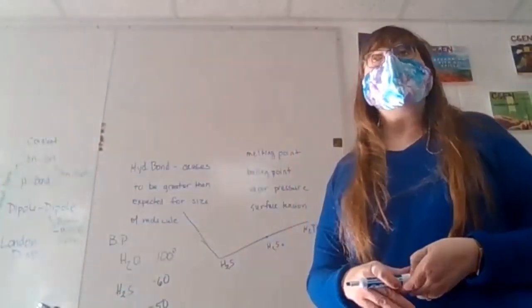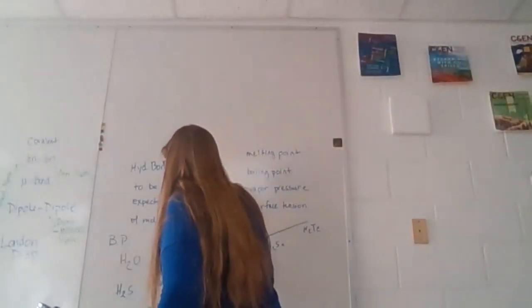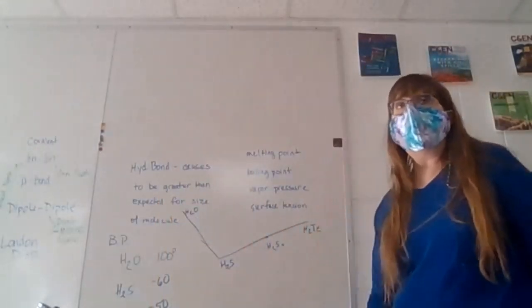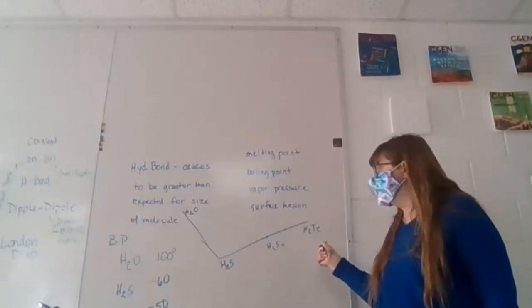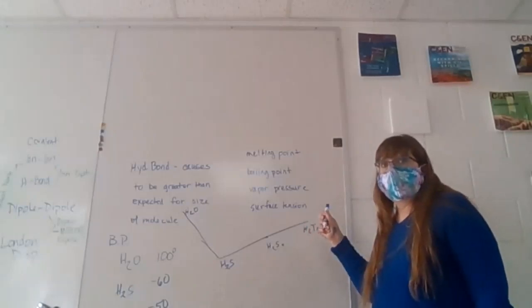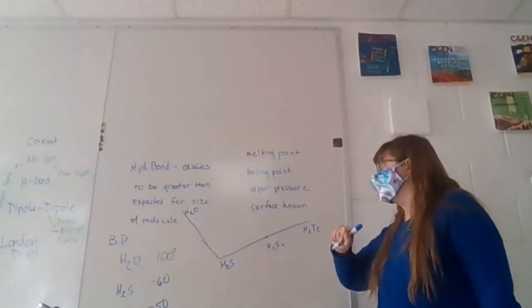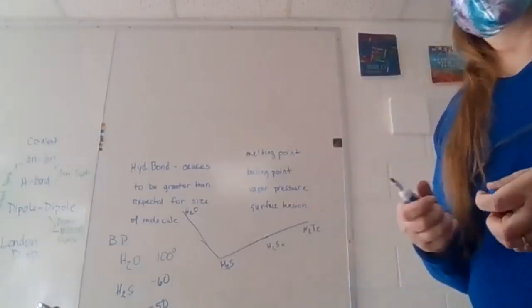Explain why, or I might just give you the four and ask you which has the lowest. And so this is where you have to remember that the hydrogen bonding is going to make this really small molecule behave like something a lot heavier. So even though hydrogen telluride is a lot heavier than water is, the boiling point for water is much, much higher.